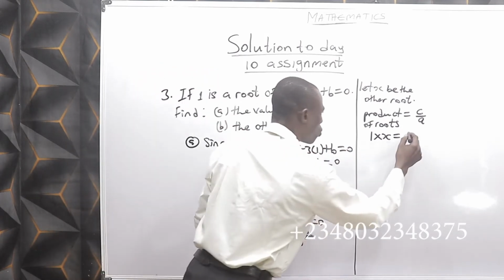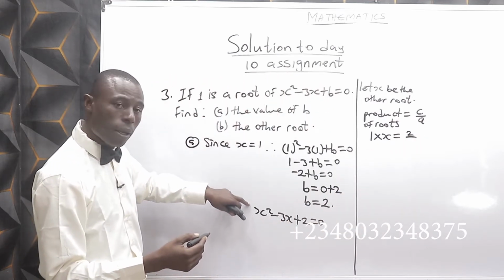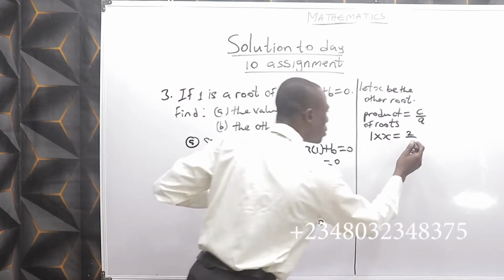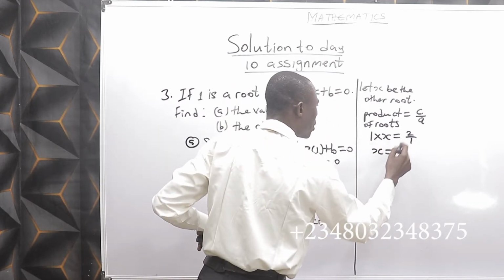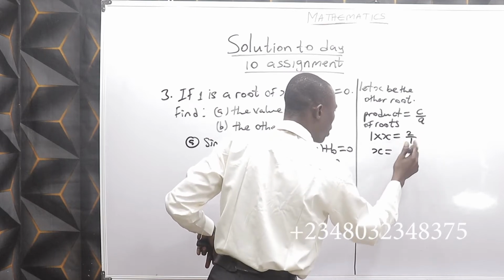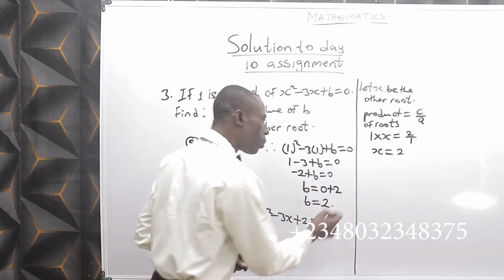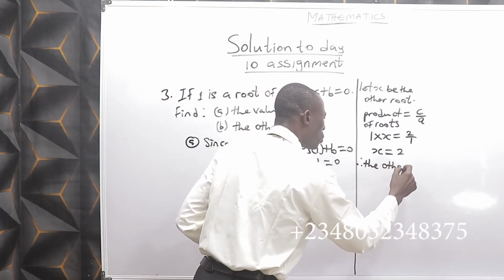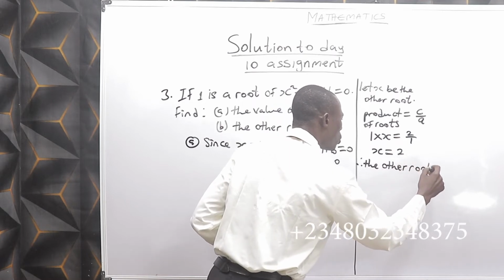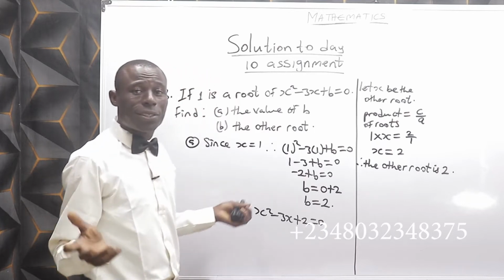Your c is 2. What is your a? Your a is positive 1. So 1 times x is x, equal to 2 divided by 1, which is 2. So the other root is 2. That is it.